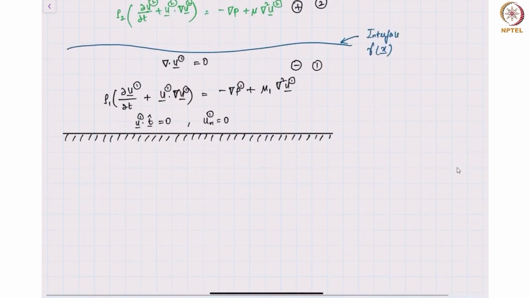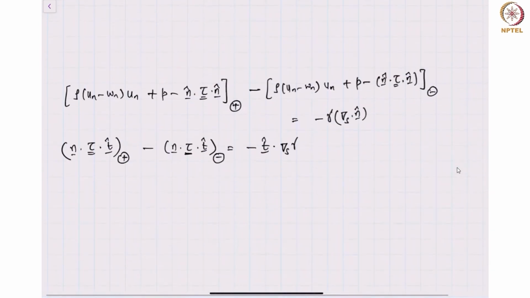Now what about interface conditions? For the interface conditions, we have the jump conditions at the interface, which I've already discussed. So instead of calling it minus and plus, let's call this fluid 1 and fluid 2. These are the conditions that you'll have at the interface.